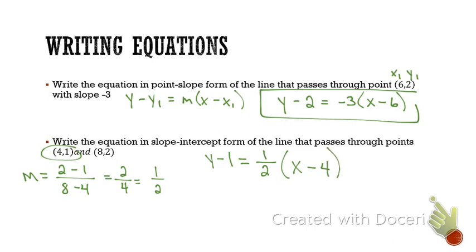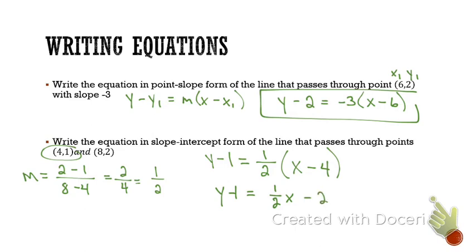x1. Okay, but now, this is where I stopped up here and I was like, yay, I'm done. But now it says I've got to get it down into slope-intercept form, which means I need to keep solving. y minus 1 equals 1/2 x, and 1/2 times -4 is -2.